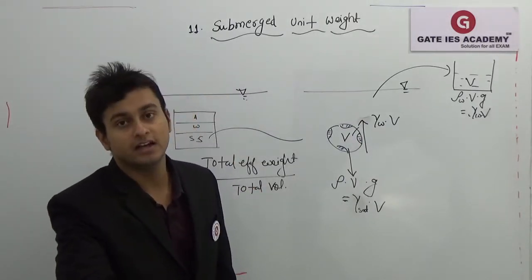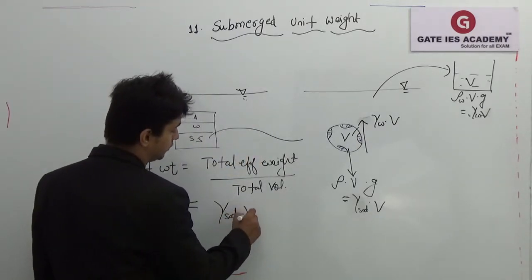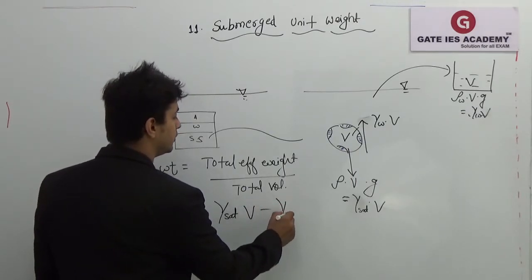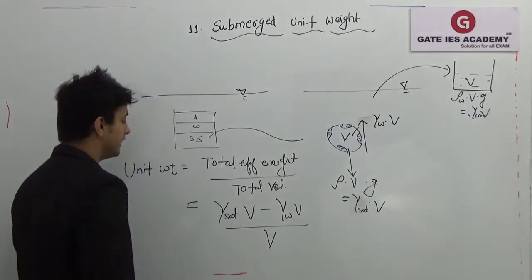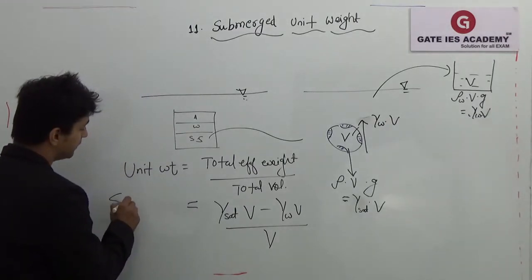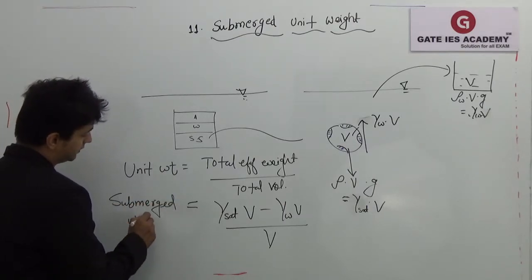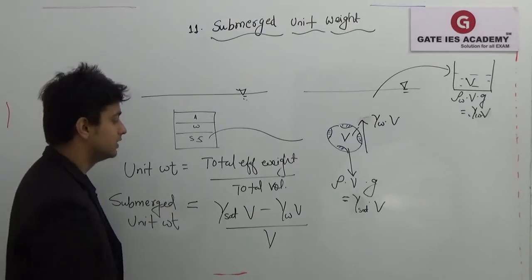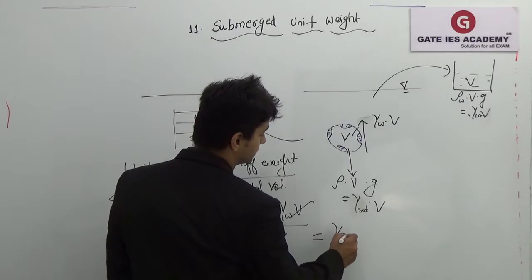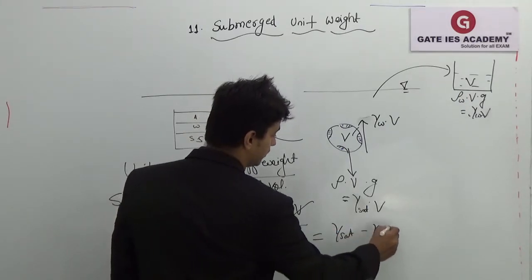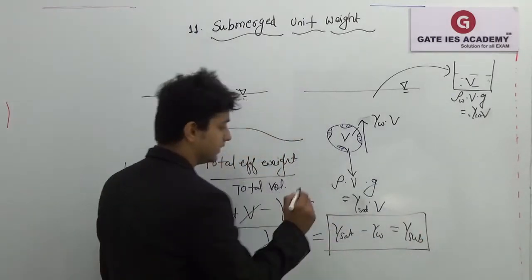So the net weight will be gamma saturated into V minus gamma W into V, upon V, which is my submerged unit weight. V gets cancelled, so gamma saturated minus gamma W equals gamma submerged. This is very, very important. You have to remember.